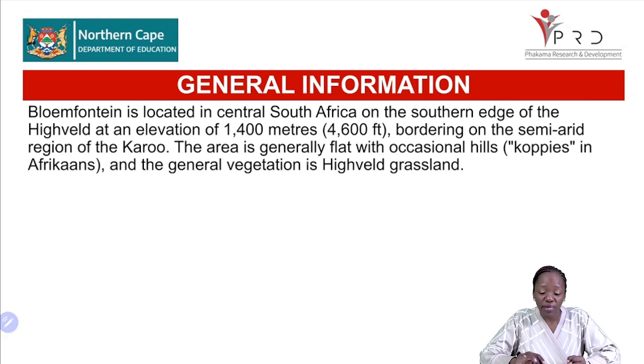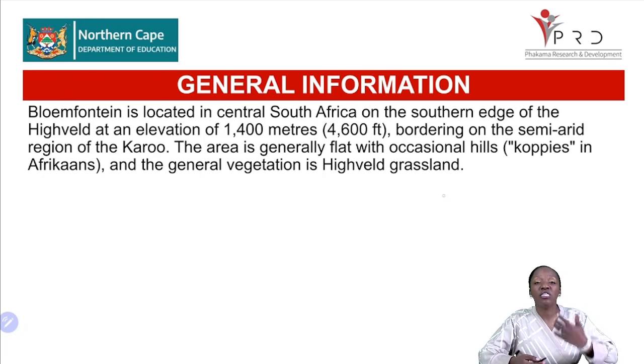The area is generally flat with occasional hills, which are koppies in Afrikaans, and the general vegetation is Highveld grassland. So by now you are getting from the general information that Bloemfontein is in central South Africa, it is a flat area, and there is a general vegetation.